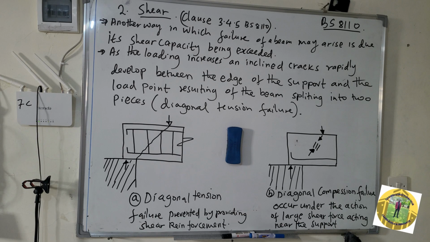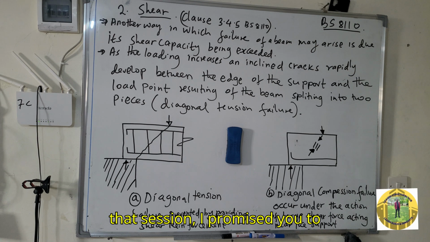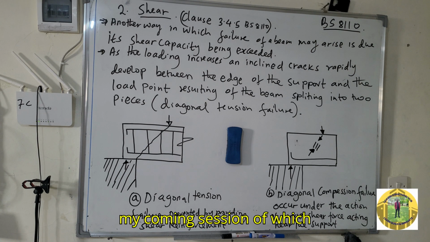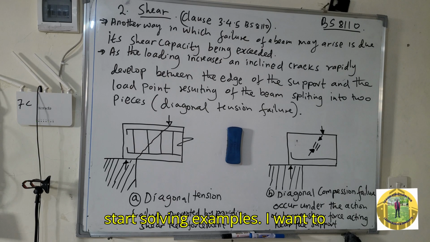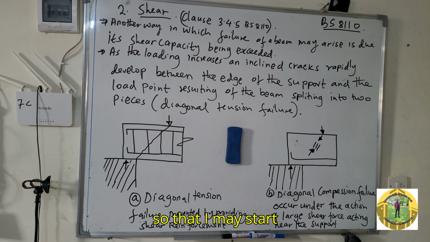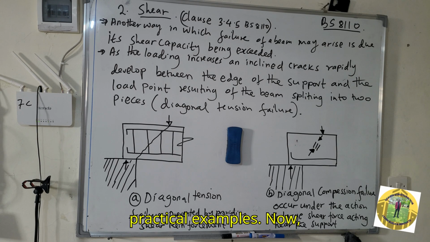At the end of that session, I promised you to tackle an example in my coming session, which is today. But I won't start solving examples yet. I want to finish first with the theoretical part so that I may start tackling practical examples.